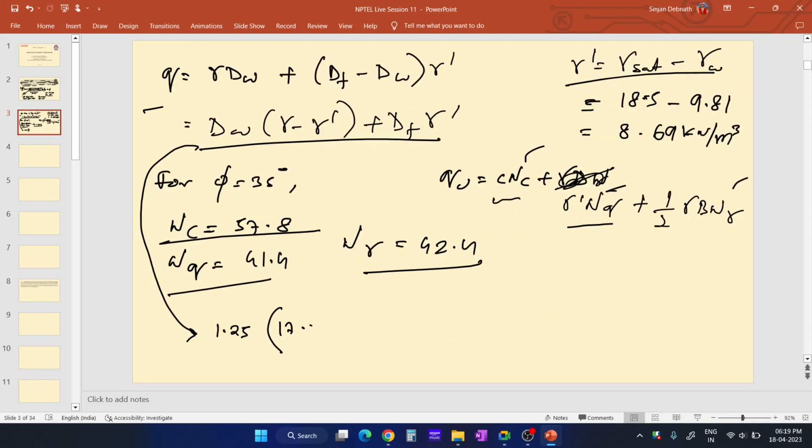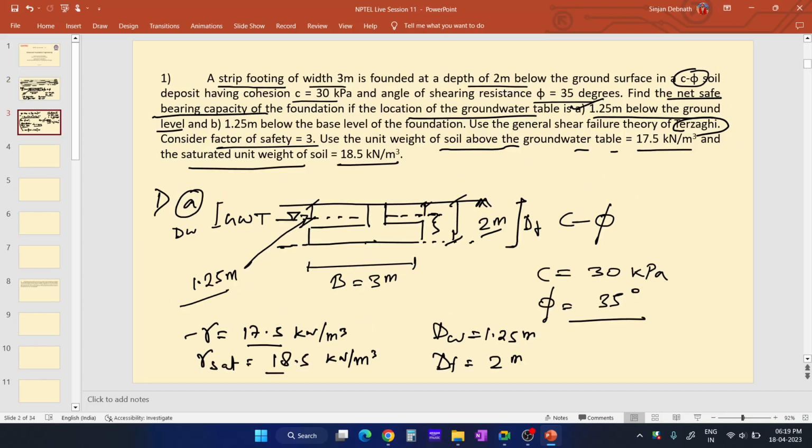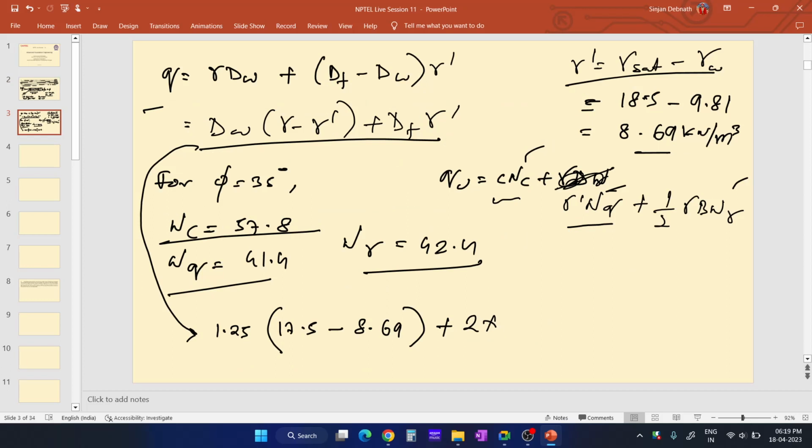So 17.5 minus gamma dash, the submerged unit weight, which is 8.69, plus Df, the depth of the footing, which is 2 meter, into gamma dash, 8.69. If we calculate this, the value of q comes out to be around 28.39 kilonewton per meter square.